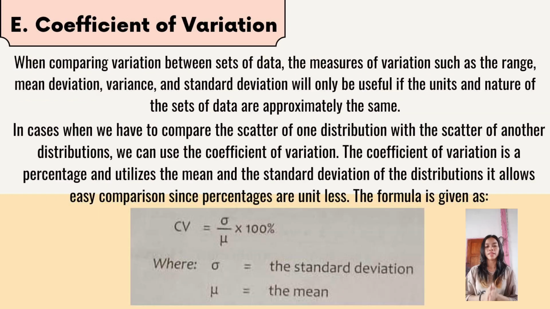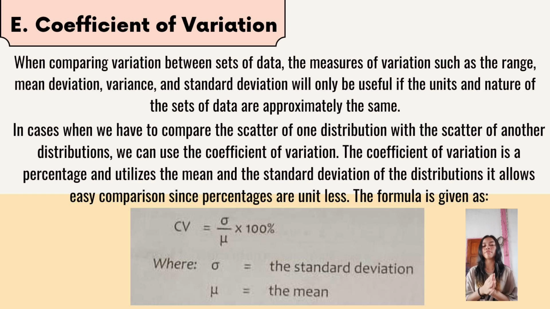And lastly is the coefficient of variation. When comparing variation between sets of data, the measures of variation such as the range, mean deviation, variance, and standard deviation will only be useful if the units and nature of the sets of data are approximately the same.